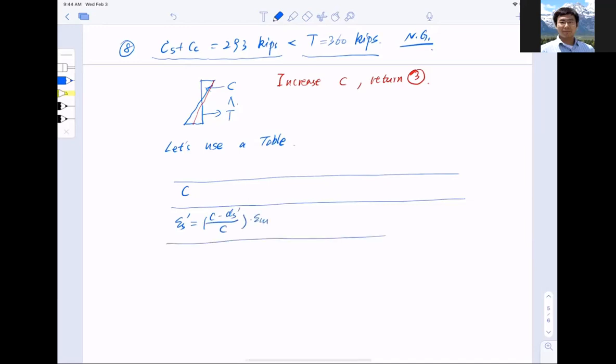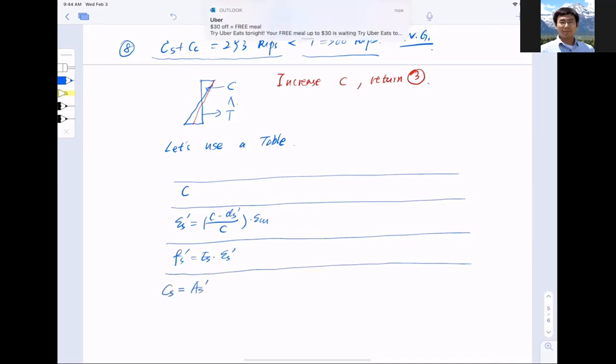All right. And then next step is to do Fs prime equal to Es epsilon s prime. And then Cs then equal to As prime multiplied by (Fs prime minus 0.85 f prime c).